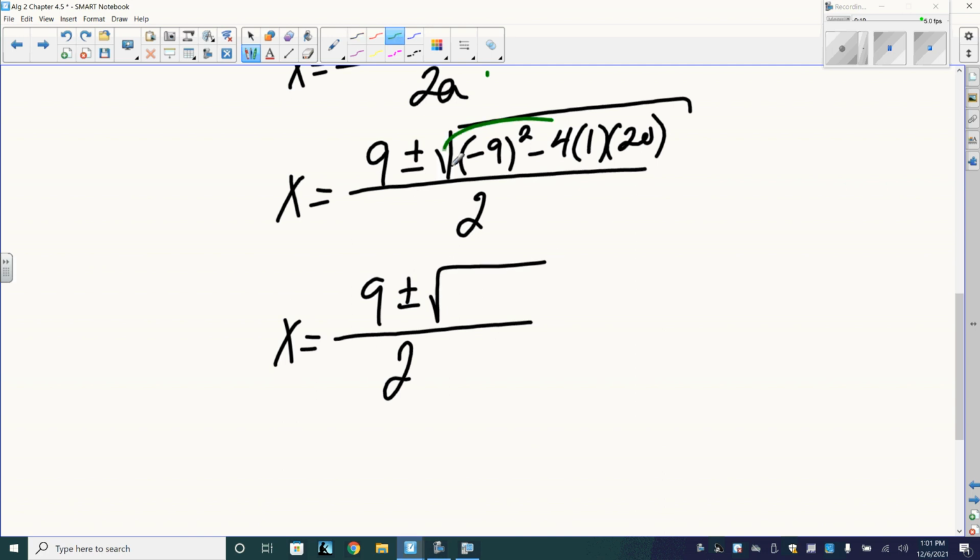Now at this point here, we would want to plug everything that's inside the radical in first, just in case the graphing calculator, if we're using it, came out to not reduce completely, and just in case it's a negative. Now if we type this in, negative 9 squared is going to be positive 81, because 9 times 9 is 81. 4 times 1 times 20 is going to be negative 80, which would give us 1.